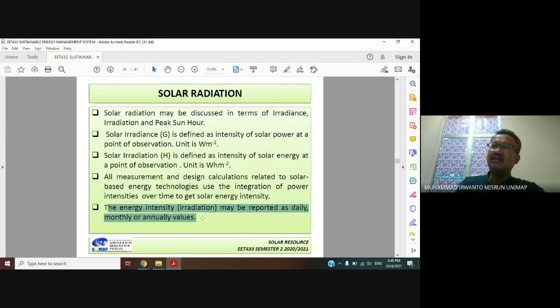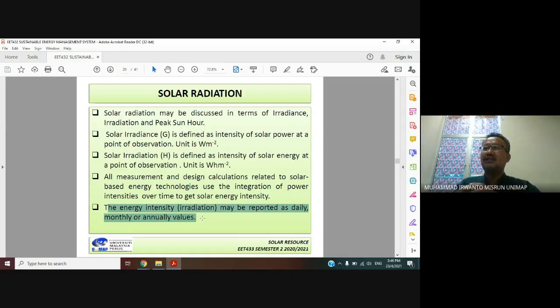The solar irradiance is the power of solar, or solar power intensity. We know that the unit of power is watt. So if we obtain the solar irradiance, the unit is watt per meter squared, meaning per 1 meter squared.